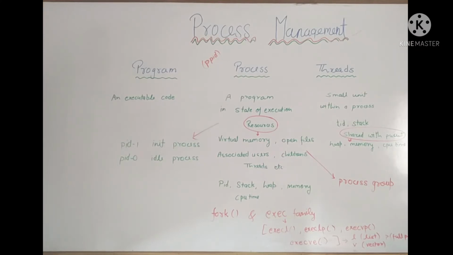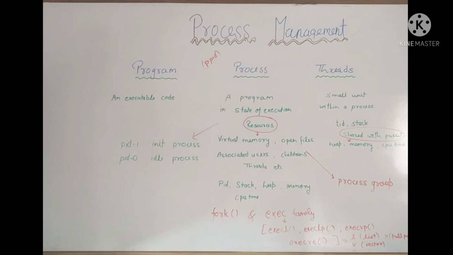P stands similarly for full path, so every process name is searched in the entire path as given. Execv searches for files or processes within the current directory, while with the p variant it searches in the full path.